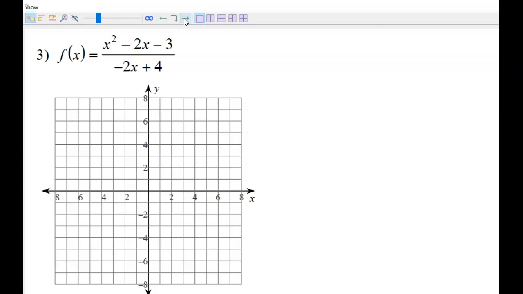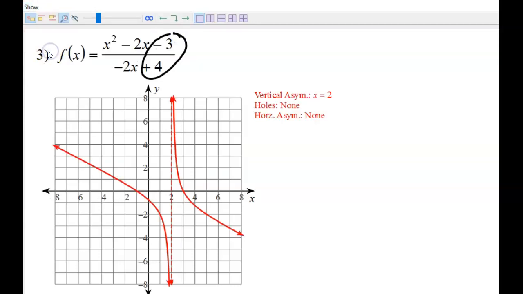What do you think it would be? -3/4. So the answer would be -3/4. So you don't really have to do any work there. It's just look at it, right? And if we were to graph this one, this right here is about 1, so -3/4 would be right about there, and that's where it touches the y-axis. Okay? So that's pretty much the gist of it.